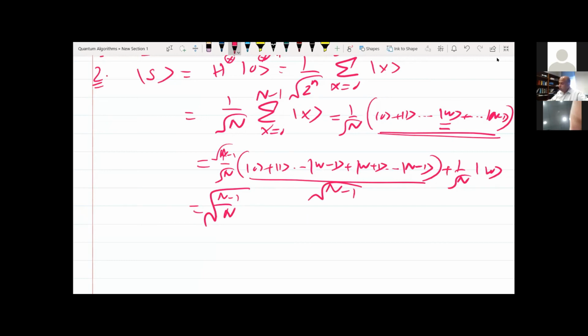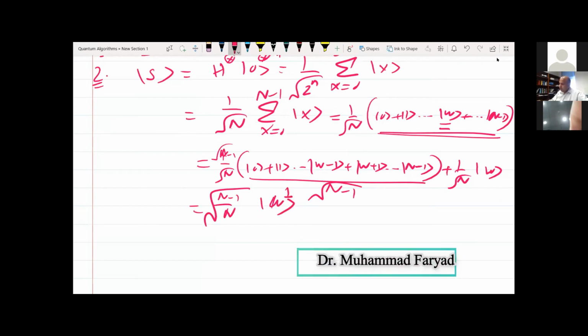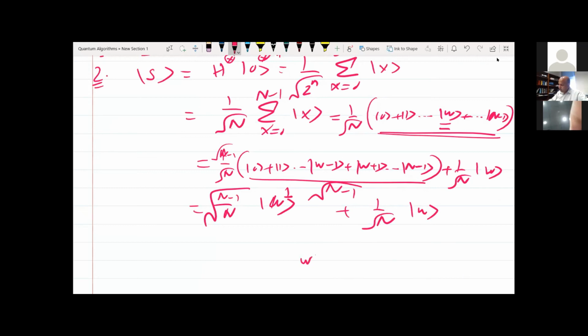I'm doing this because there are n minus 1 elements now. I took one out on the other side. So to make it a normalized state, let me call it some W perpendicular. I'm dividing it by n minus 1. So I'm multiplying by the square root of n minus 1 over n here, plus 1 over square root of n times W, where this W perpendicular is 1 over square root of n minus 1, sum over x from 0 to n minus 1, but x is not W, of x.